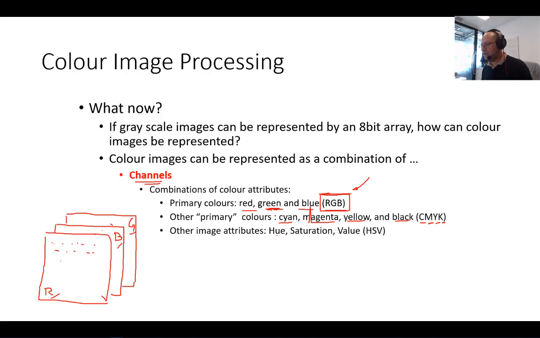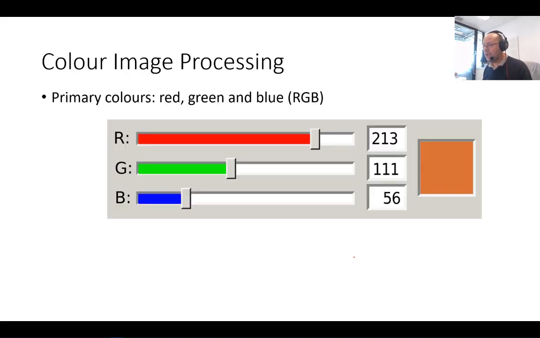There are other image representations, such as HSV, which represents hue, saturation, and value. This is a longer story, which I'm not going to start here, but I'll just give you a few examples.